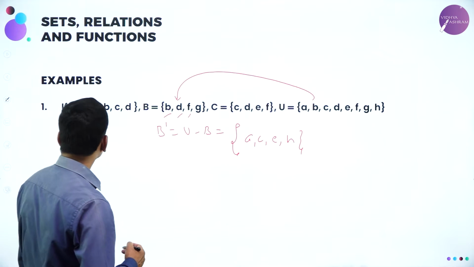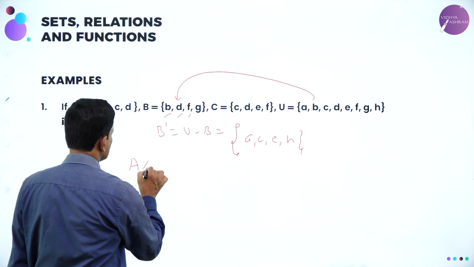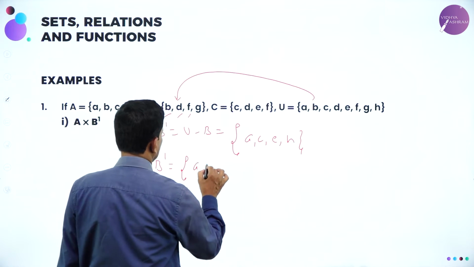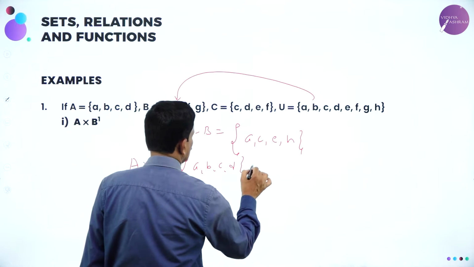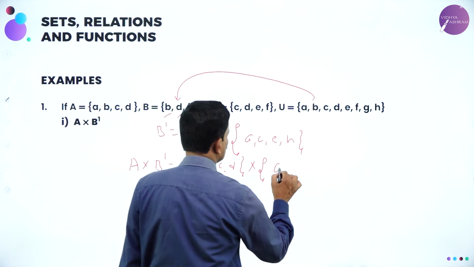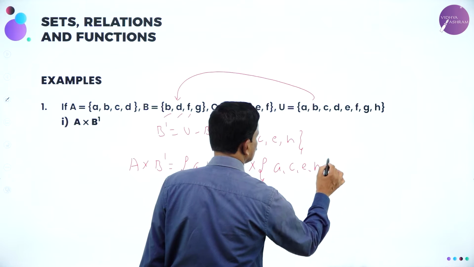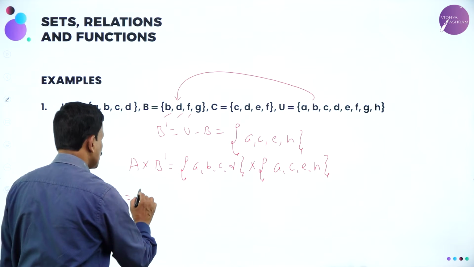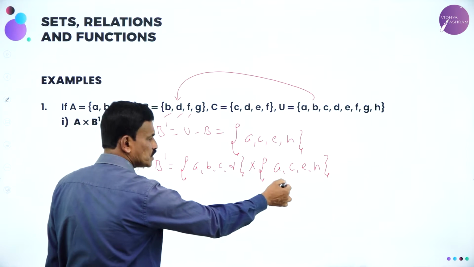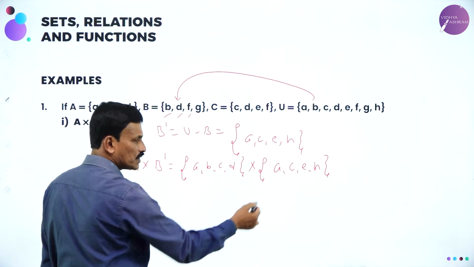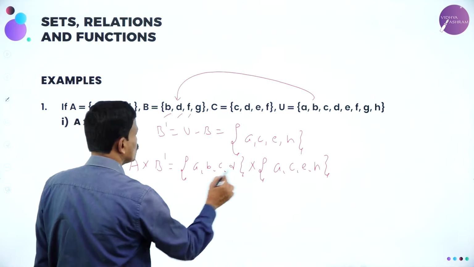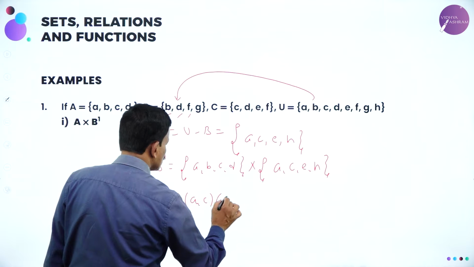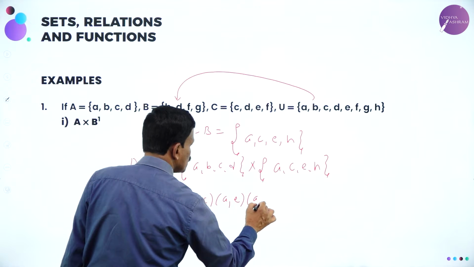Okay. Now, what is to find A cross B dash? A contains a, b, c, d. Cartesian product with B dash, which is a, c, e and h. The Cartesian product of these two, that's it. So, (a, a), (a, c), (a, e) and (a, h).